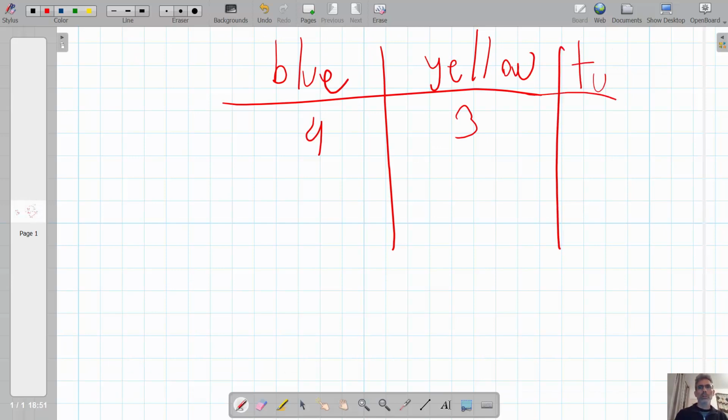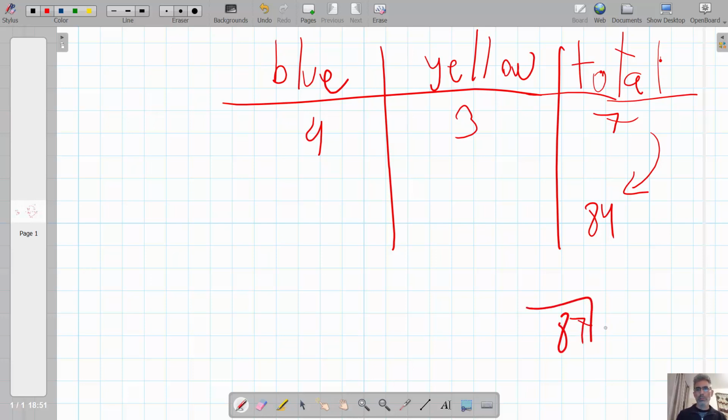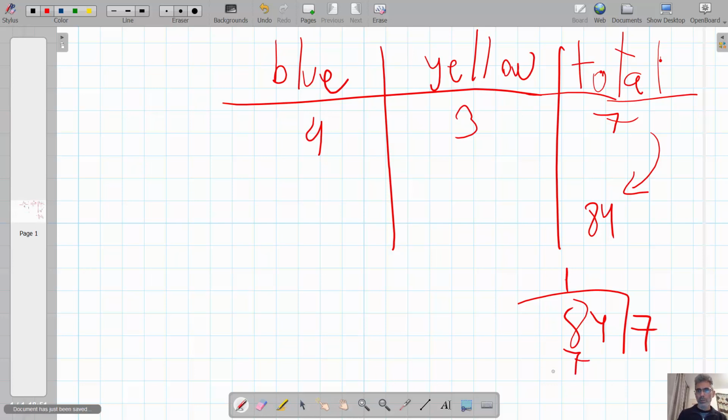So the total is 7. To go from 7 to 84, 84 divided by 7. 7 goes into 8 one time. 8 minus 7 is 1. 14. 7 goes into 14 2 times.